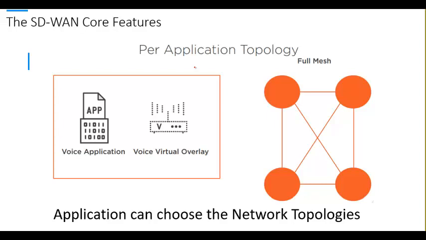You can have your own topology. We are not now dependent on topology because we don't care about the underlying. Yeah. So the applications are going to be over the path, not over the link.